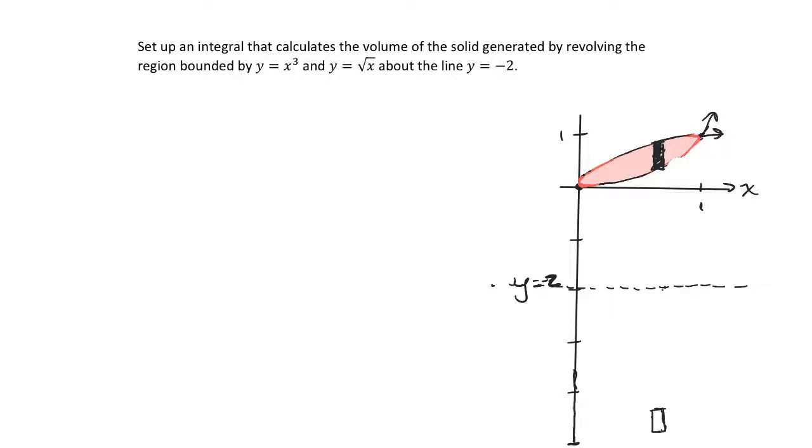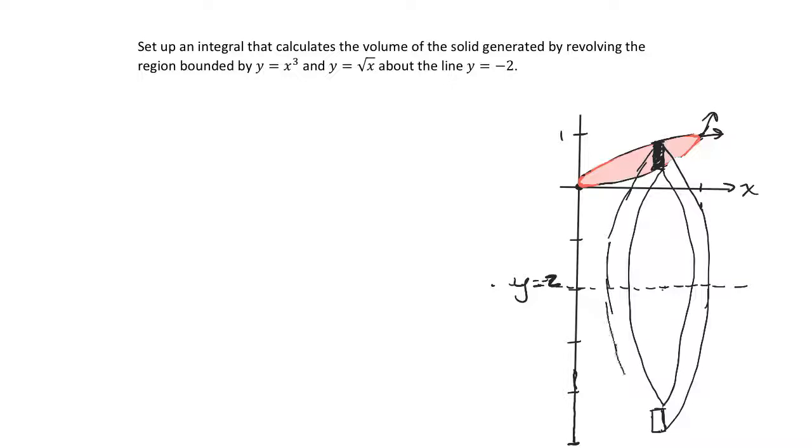Okay, so we have to connect these two. This one comes out like so. Because our axis of revolution is so far from the region, it's going to have this gigantic hole. And if you really want to have a nice picture, there we go.